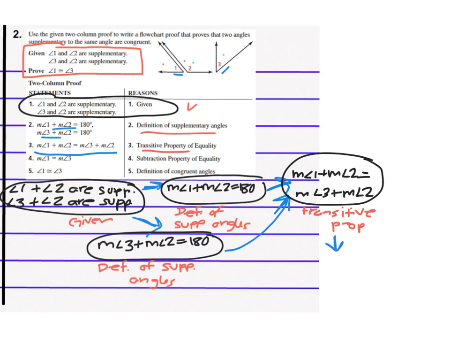All right, then let's go to this one. Measure of angle 1 equals the measure of angle 3. And my reason is going to be subtraction property. So basically what I did, whoops, I forgot angle 1 right there, is I subtracted angle 2 from each side. So I subtracted out this and this.